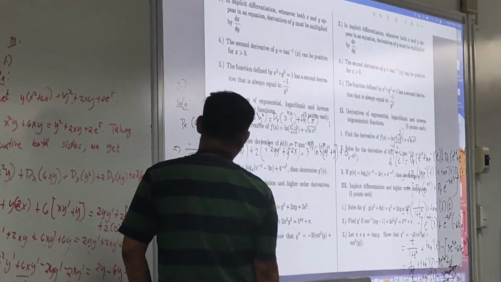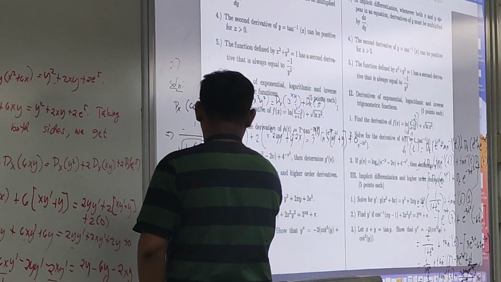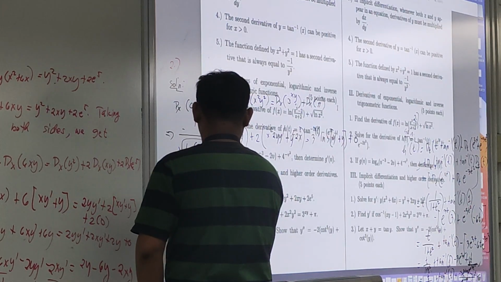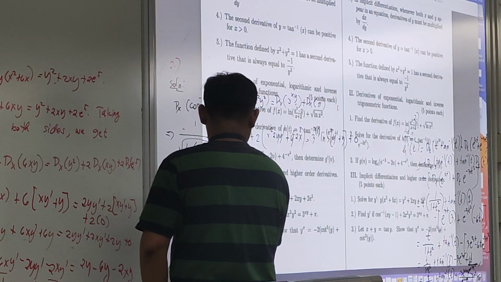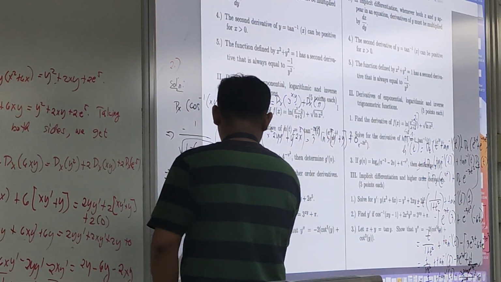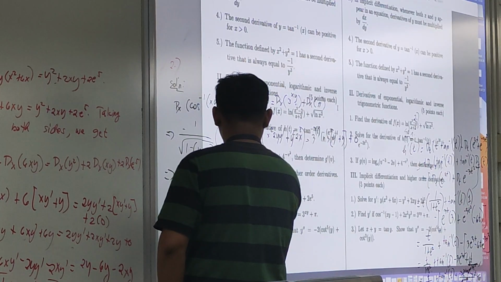So we have the negative of xy prime all over the square root of 1 minus x squared y squared, minus 2xy plus 1.